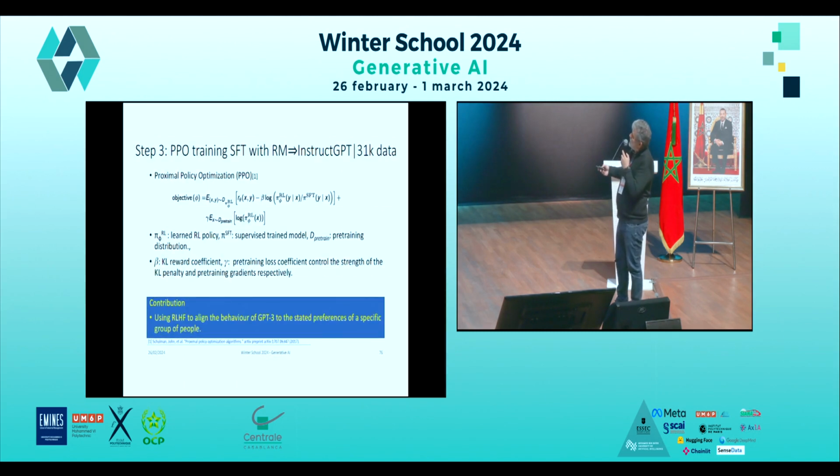And then we have the proximal policy optimization objective, which combines three different elements: the learned reinforcement policy, the PI-SFT, which is the supervised model, and D-pretrain, which is the pretrained distribution. We see here a complex objective function that takes into account the reward between the input and the produced output.